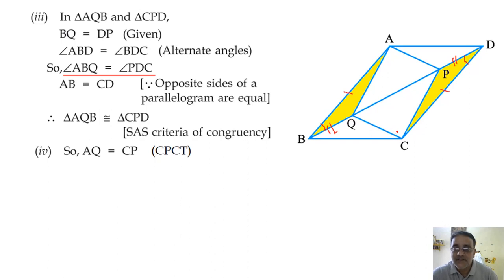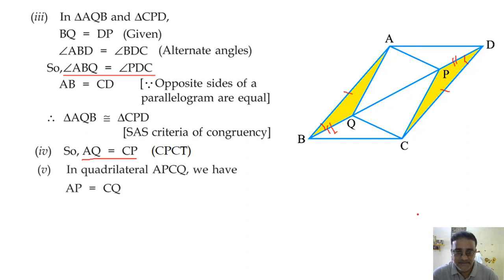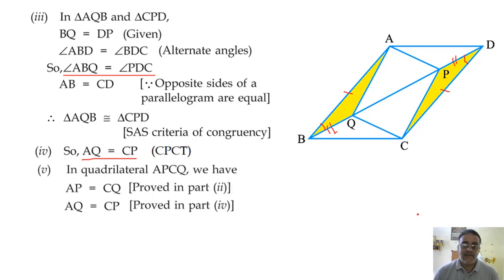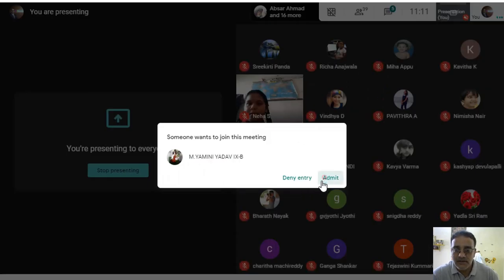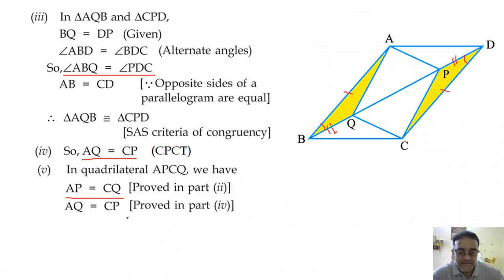Now the last bit is left, that is we have to show that APCQ is a parallelogram. So see carefully, we have already shown that AQ is equal to CP, and in the second bit we showed AP is equal to QC.